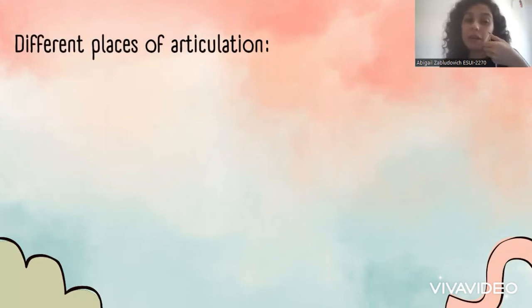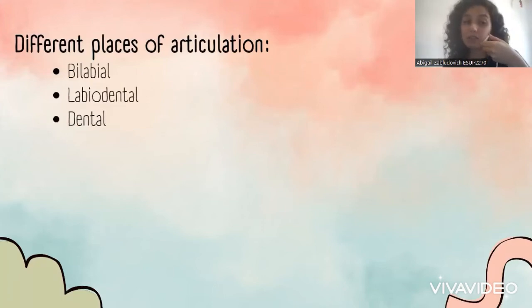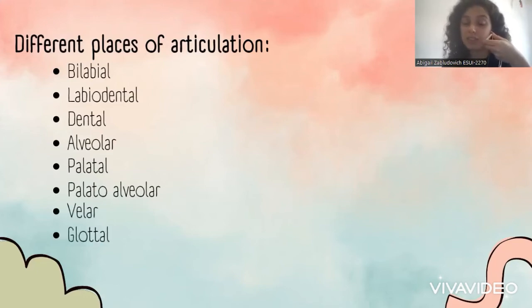This criterion pays attention to the different organs of speech or articulators which are involved in the production of consonants. These places of articulation can be bilabial sounds, labiodental sounds, dental sounds, alveolar sounds, palatal sounds, palatoalveolar sounds, velar sounds, or glottal sounds.